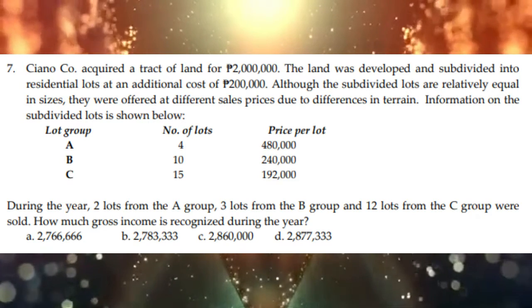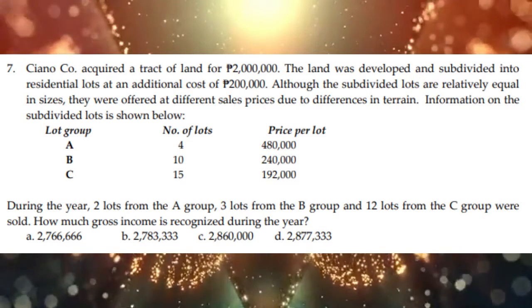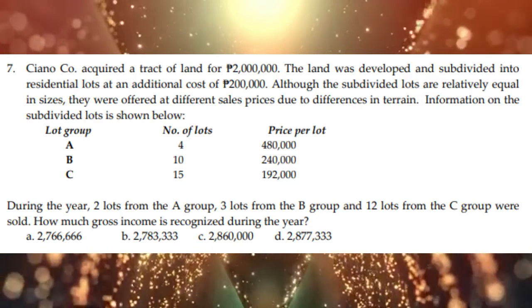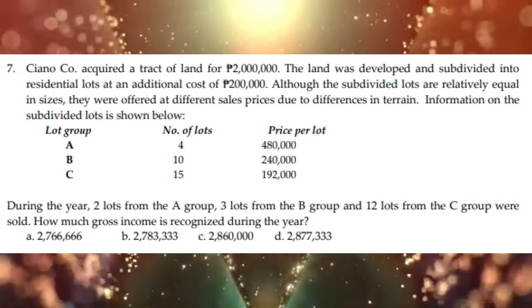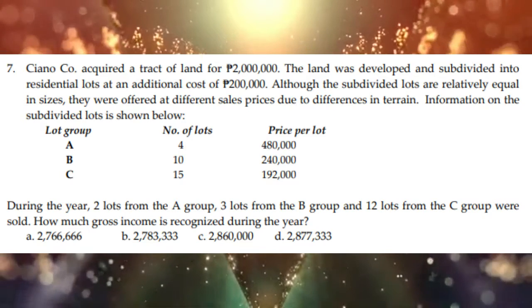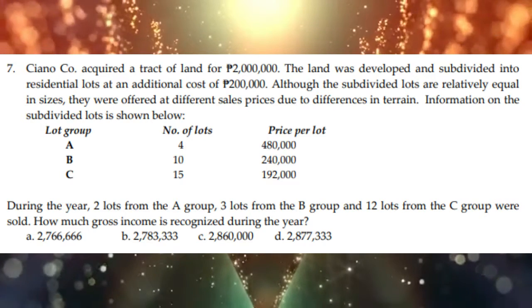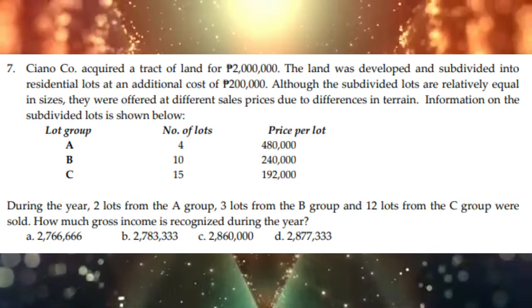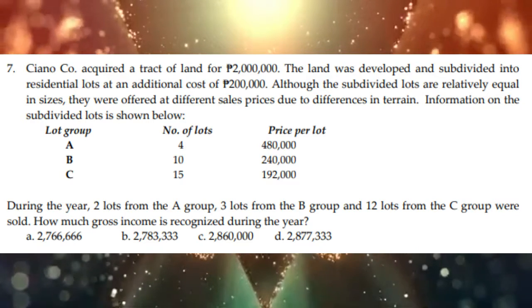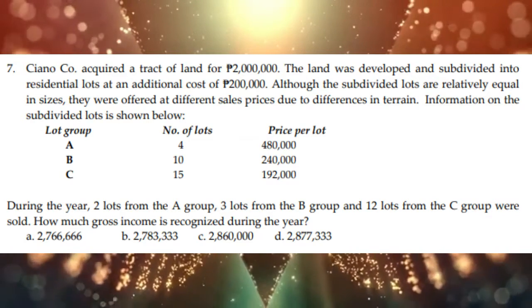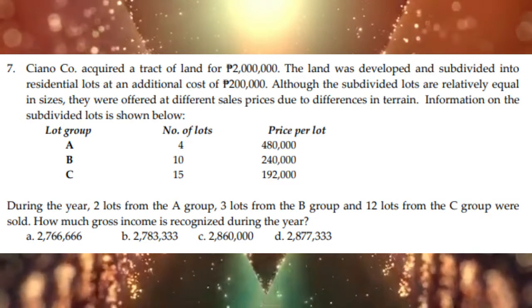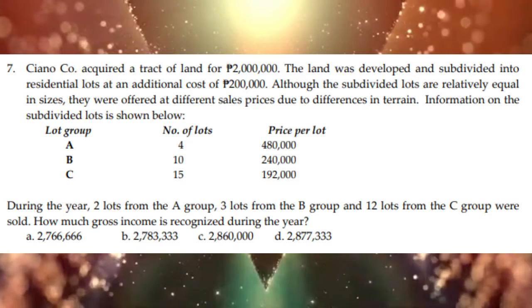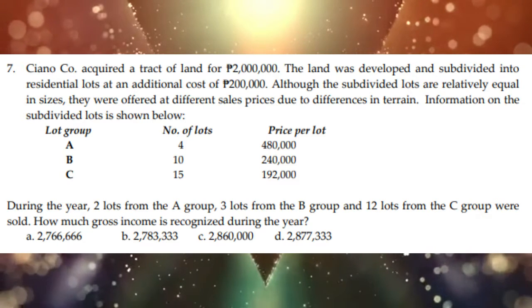Its price per lot is 480,000. From Group B, its number of lots is 10. Its price per lot is 240,000. And from Group C, its number of lots is 15, and its price per lot is 192,000. During the year, 2 lots from the A group, 3 lots from the B group, and 12 lots from the C group were sold. How much gross income is recognized during the year?